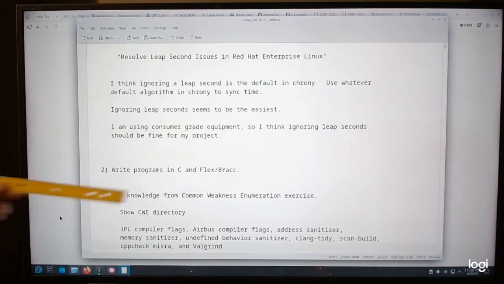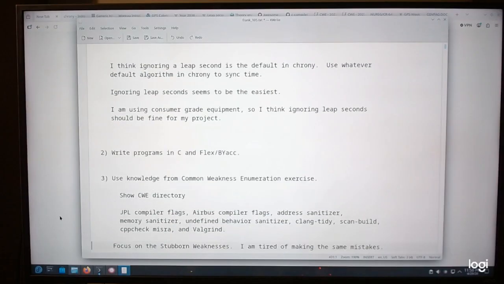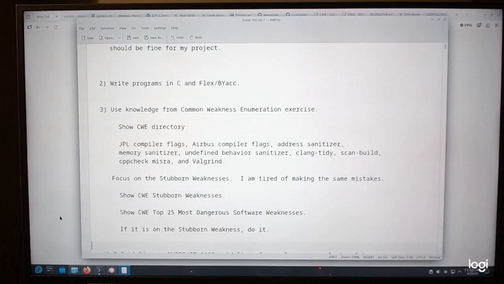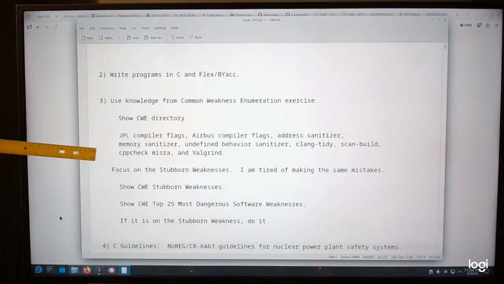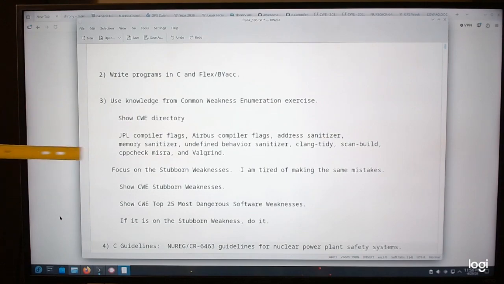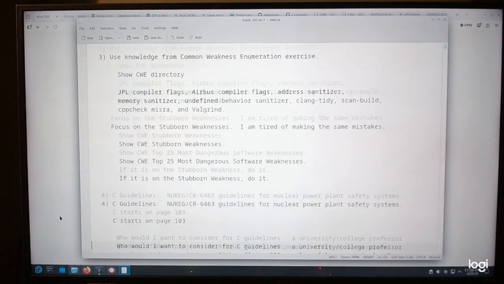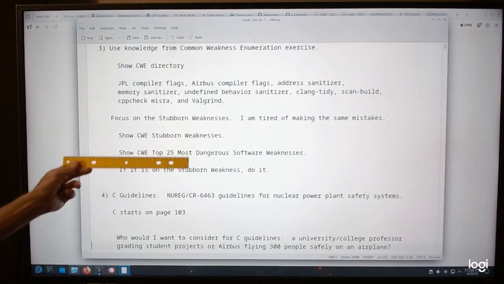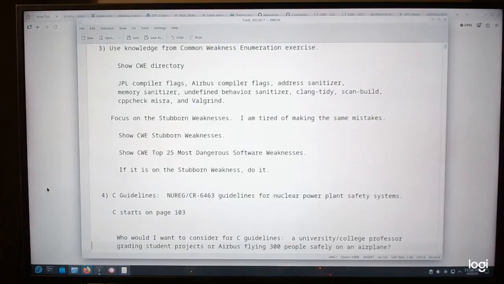Programs written in C and Flex and Berkeley YACC. I'll be using the knowledge from the exercise I did with common weaknesses for my compilers: the stubborn weaknesses and the top 25.